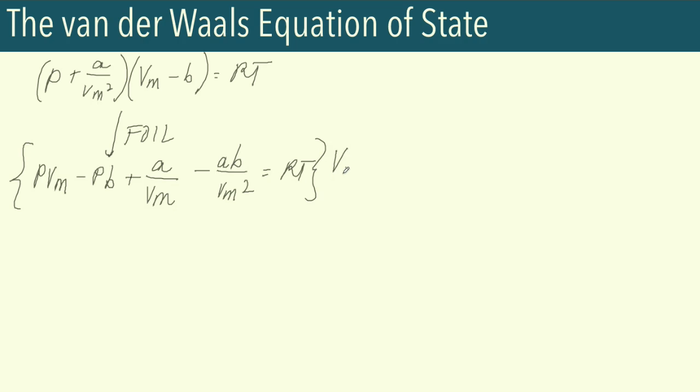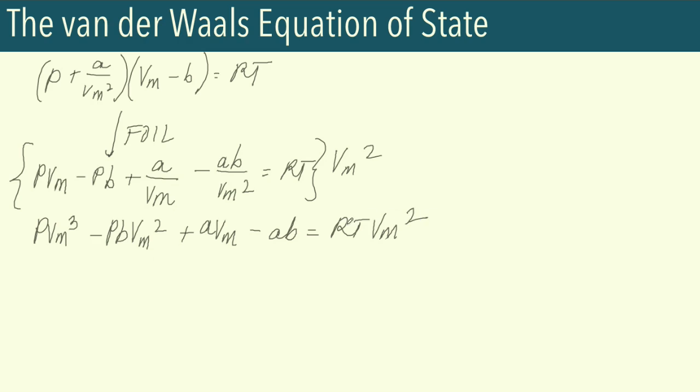Let's multiply this whole thing by Vm squared, and we get PVm cubed minus PB Vm squared plus A times Vm minus AB is equal to RT Vm squared.